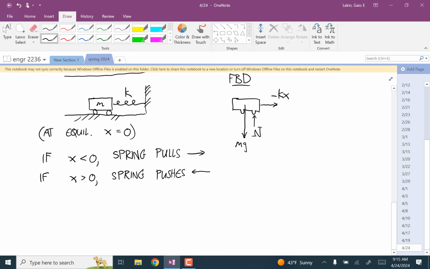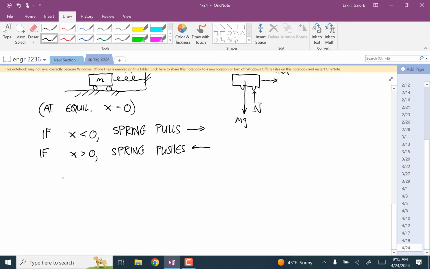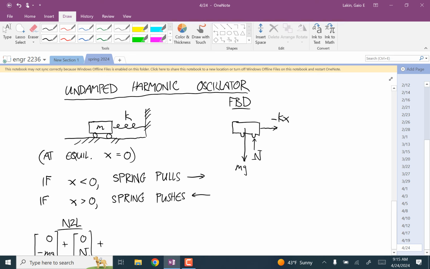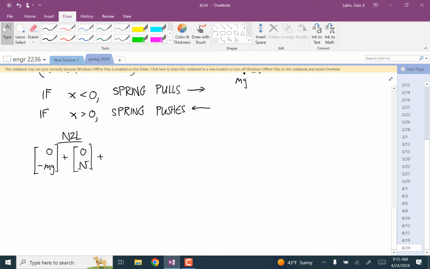Okay? So let's go to Newton's second law. We have the free body diagram. So Newton's second law says, I'm going to first do it all as a vector thing, and then we'll see what's useful. So 0, negative mg, plus 0n, plus negative kx, 0, is equal to the mass times the acceleration.